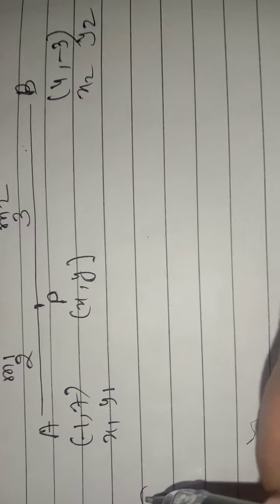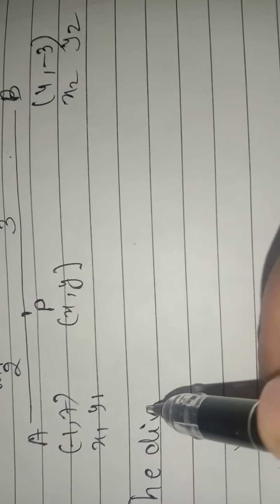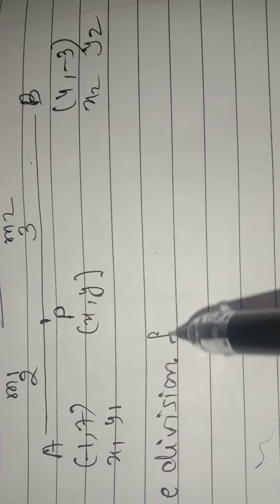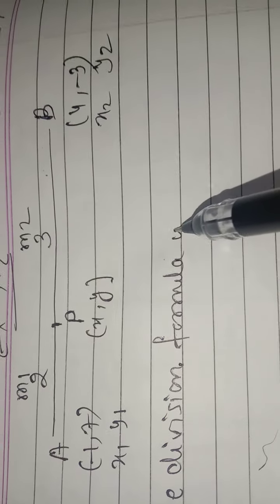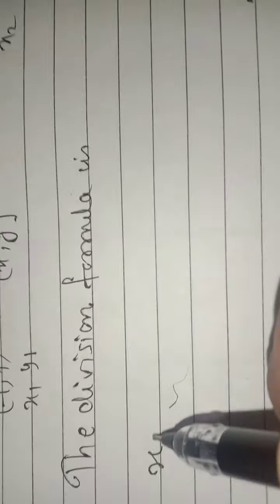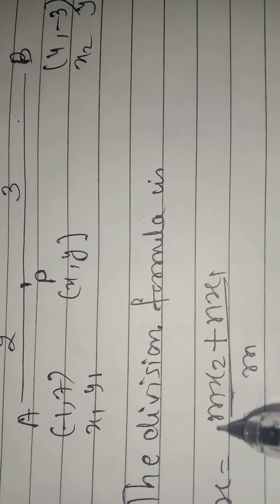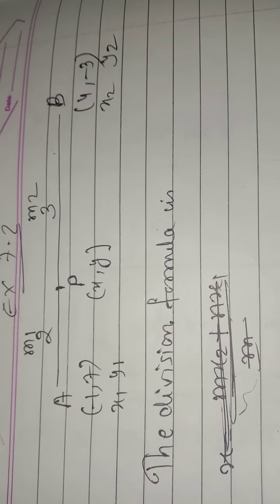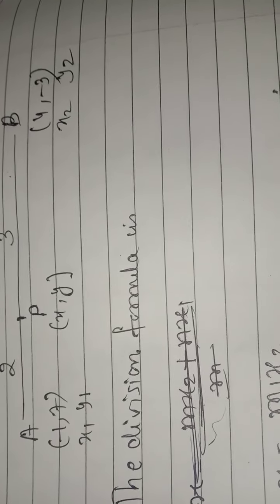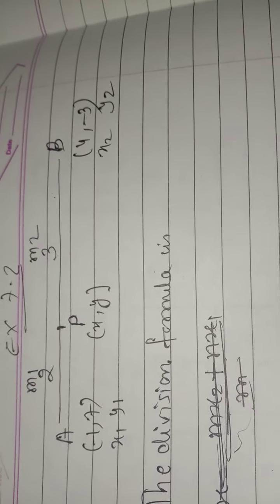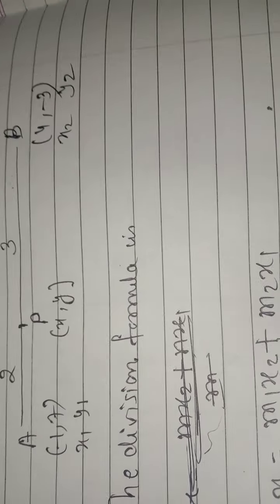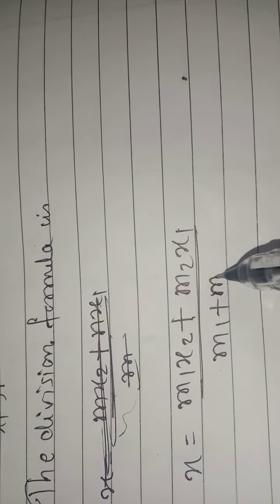The division formula is x is equal to... just wait, it is the Gujarat board formula, x is equal to (m1 x2 plus m2 x1) upon (m1 plus m2).